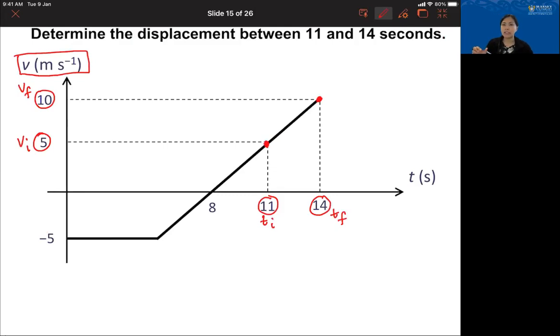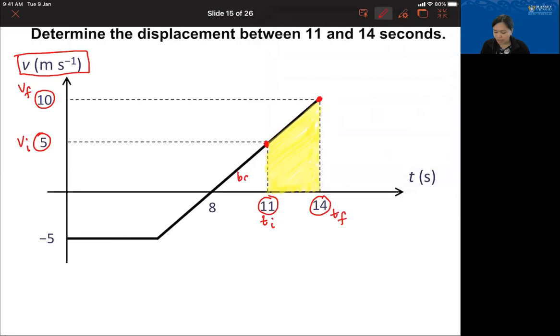If you want to find the displacement from a velocity-time graph, you have to calculate the area between the graph and the horizontal axis. That means you need to figure out the area of this shaded portion here. If you look at this shaded portion, you can see that two sides are parallel.